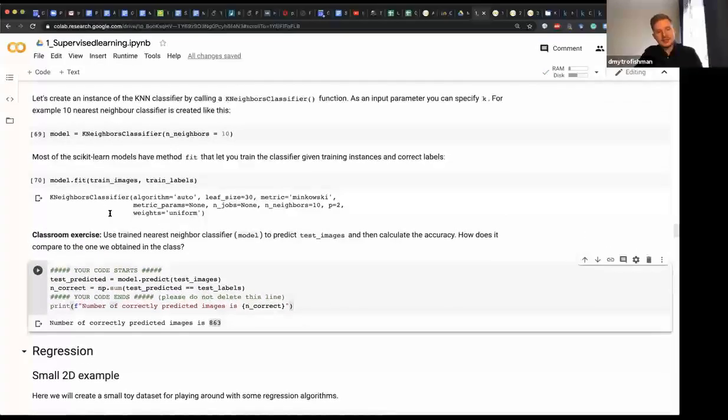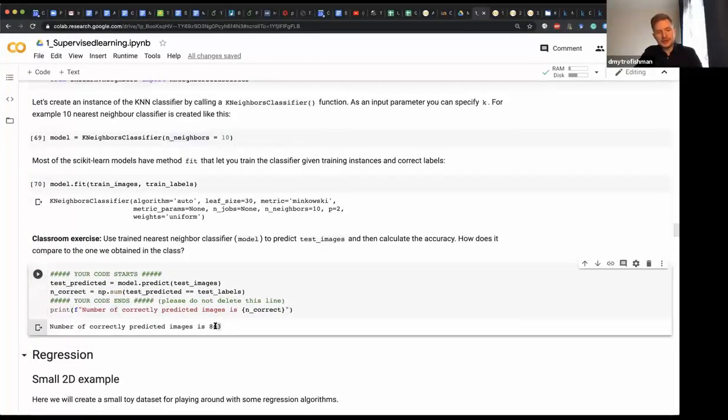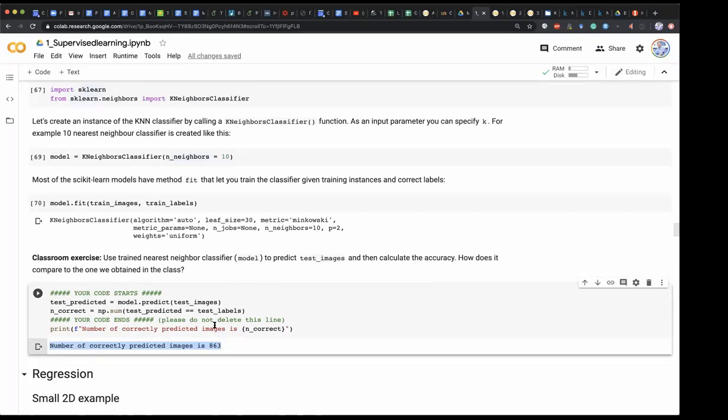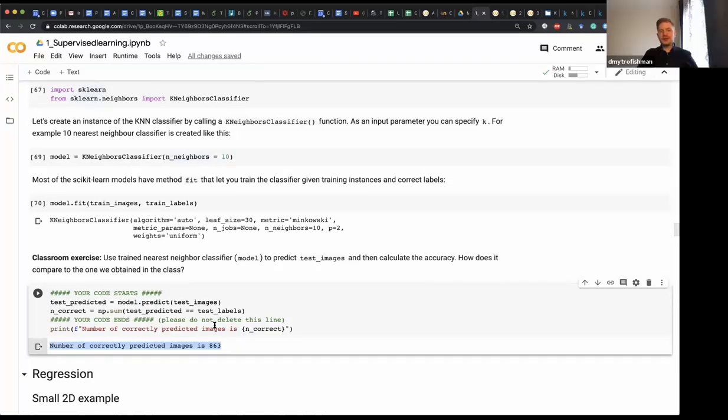I just wanted to ask this question. Why might there be a difference between the scikit-learn implementation and our implementation of k-nearest neighbor? What do you think could be the difference? This regularization, to make sure that it's not overfitted. I think there is some algorithm in the scikit-learn library. Overfitted.